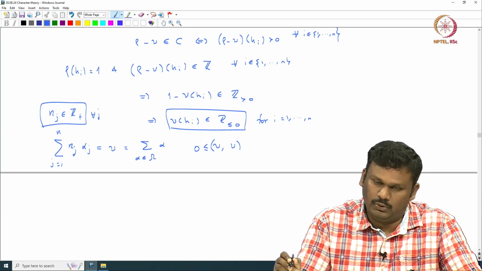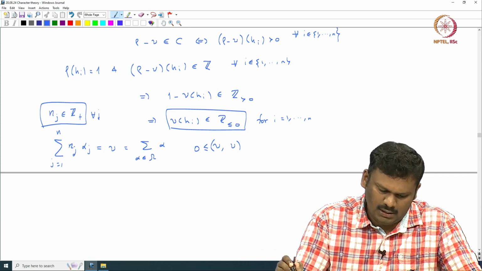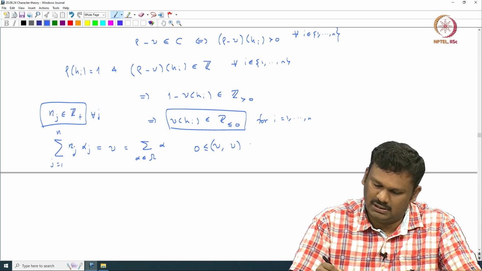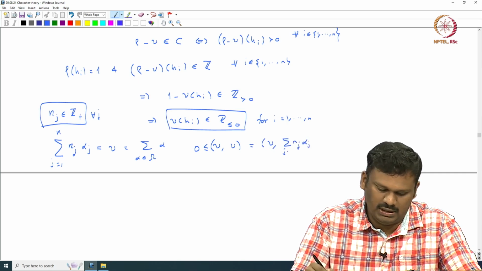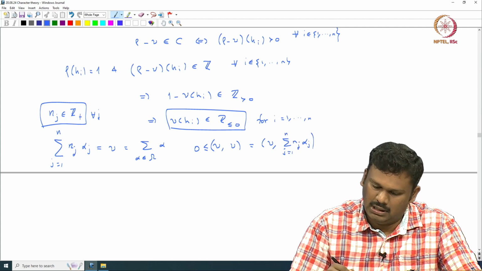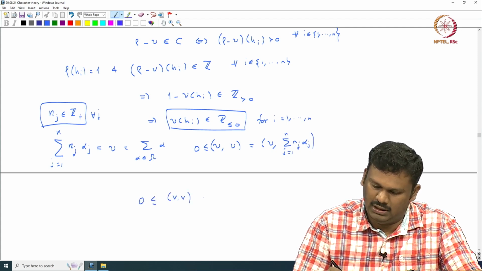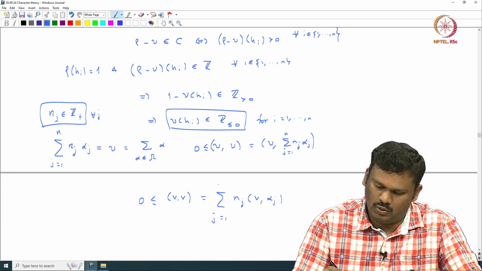So if you put them together, you can compute the inner product of V with V in two different ways. It is V comma the sum of Nj alpha j, j ranging from 1 to n. This is greater than or equal to 0, and equals the sum of Nj times V comma alpha j, j ranging from 1 to n.